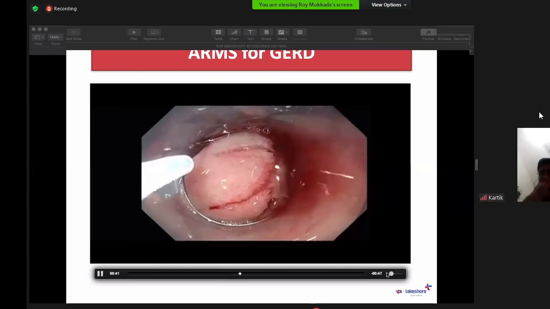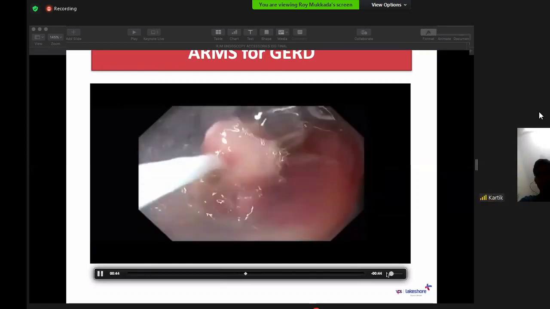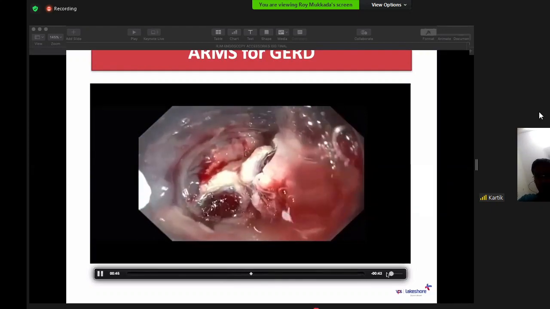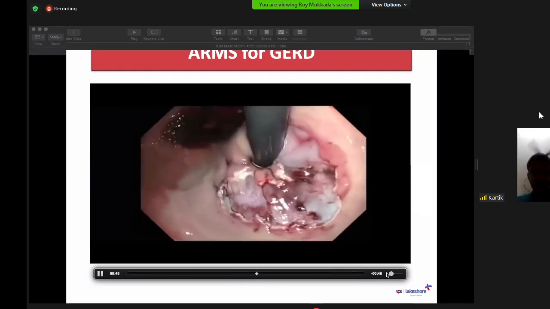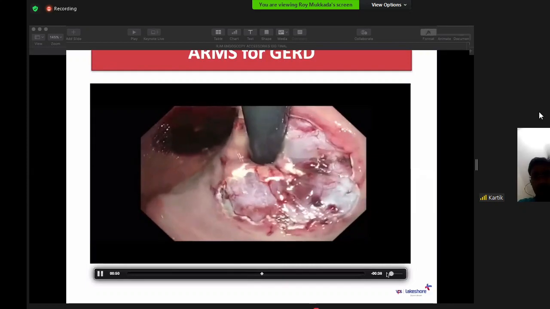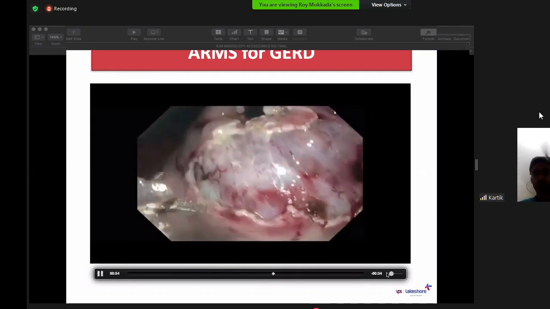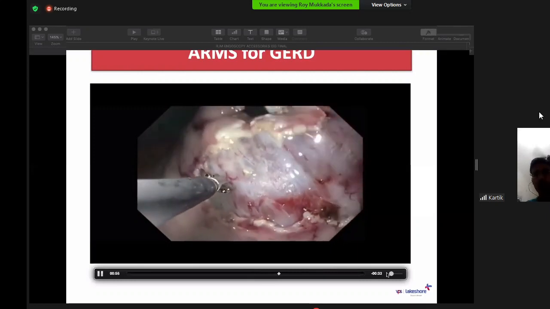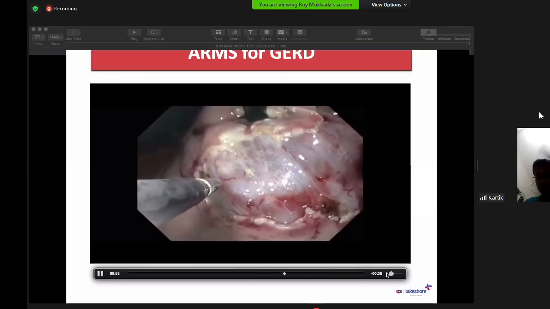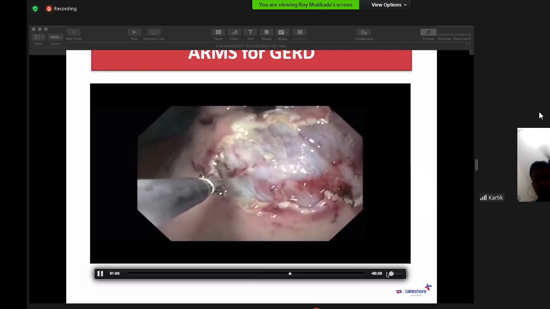First, endoscopically we will grade the OG junction based on the Hill's classification, and types A and B respond to this maneuver, this method, more than types C and D. First, an injection is done, followed by a procedure similar to an EMR.